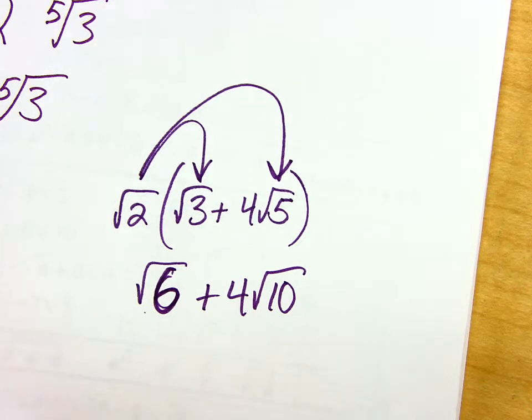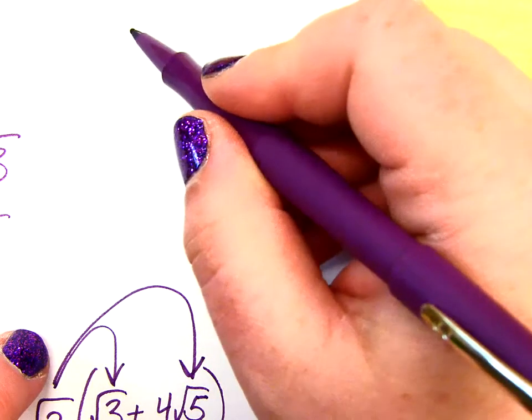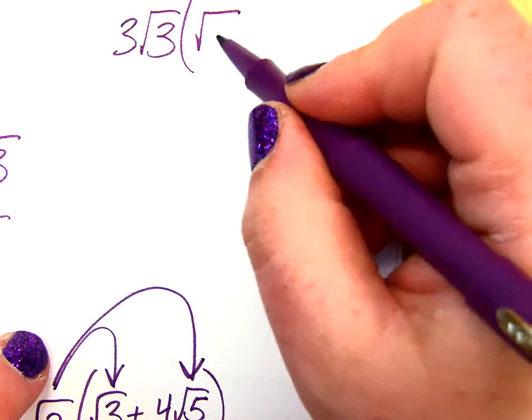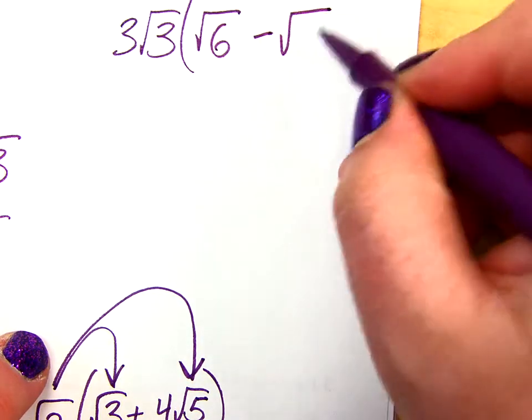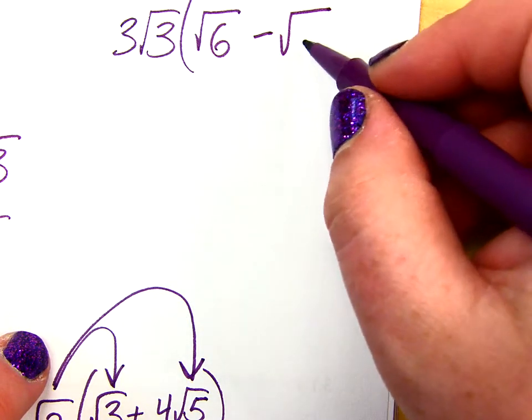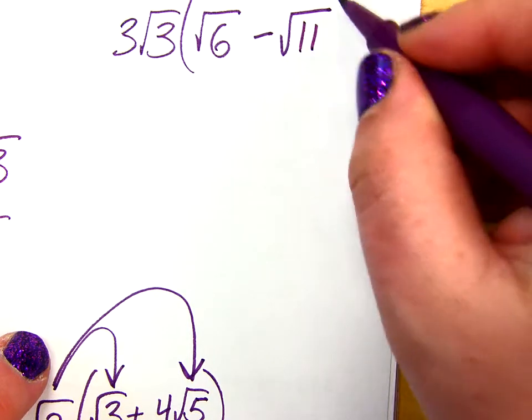Let's try one more where you have to distribute. How about you guys do this one? How about 3 root 3 times root 6 minus root, I don't know, 11.